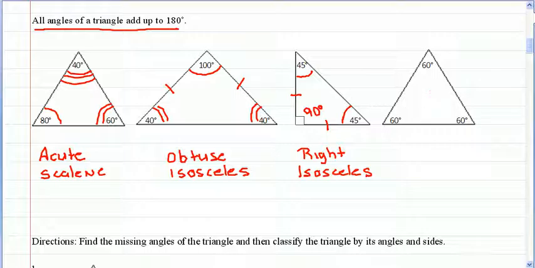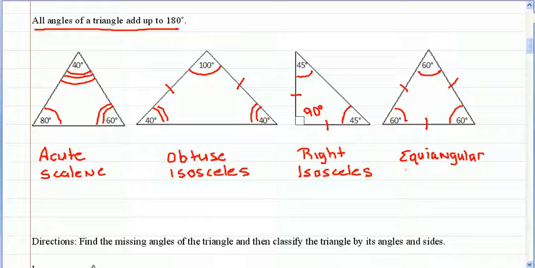For this last one, we have 3 angles that are equal to 60 degrees. So when all of the angles are the same, it's an equiangular triangle. So if all of the angles are equal, then all of the sides are equal.